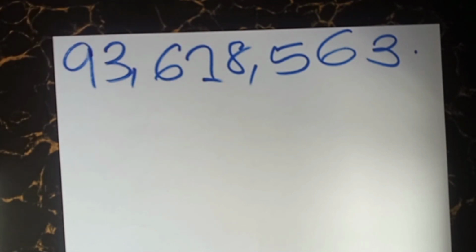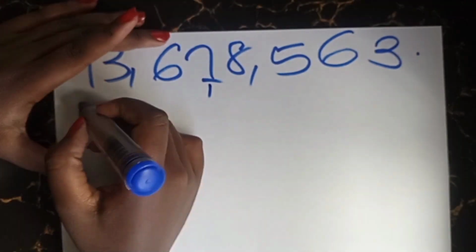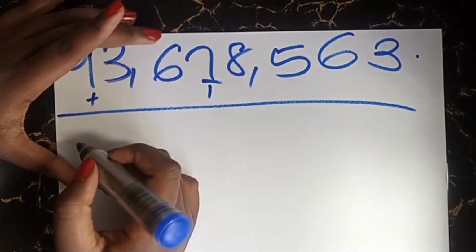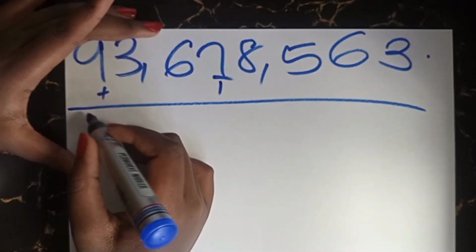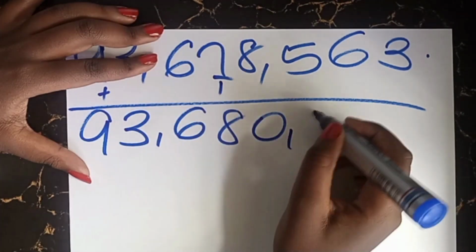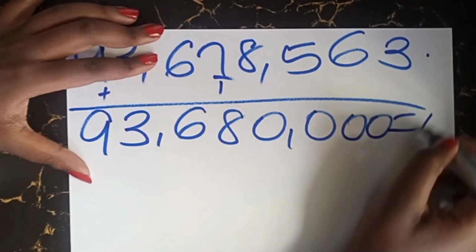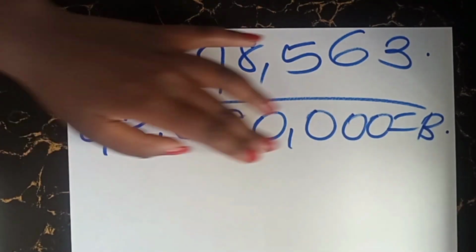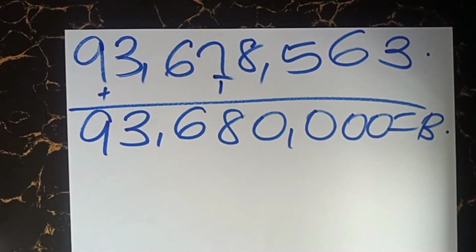So our rounded off number will be, when you add this, you'll have this when you round it off to the nearest 10,000. So newspaper B rounded off the profit to the nearest 10,000.